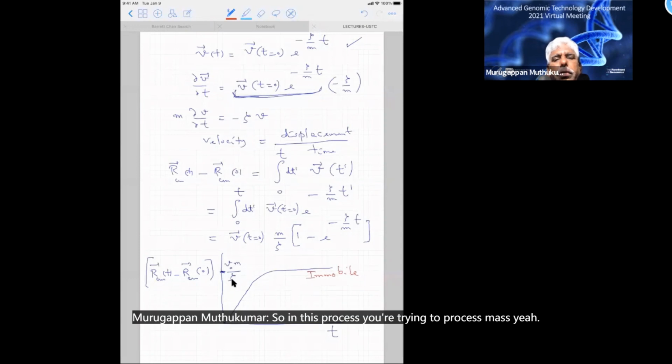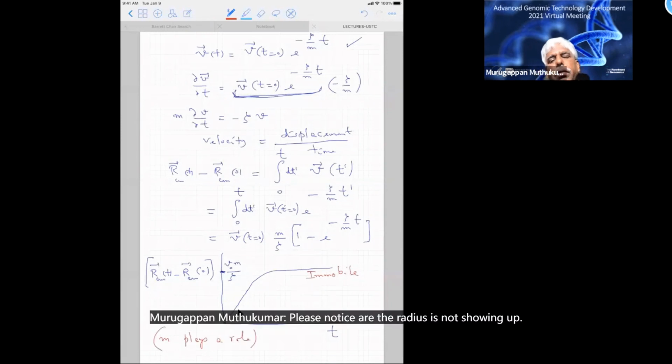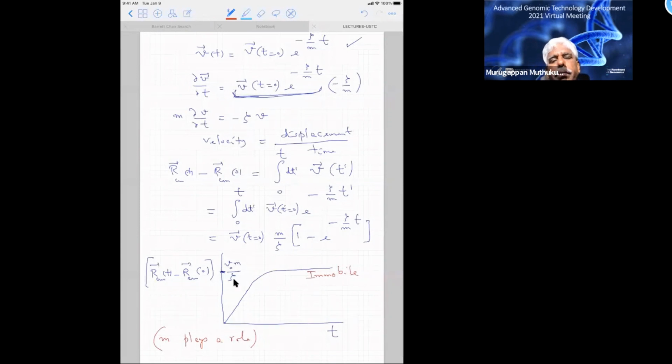So in this Newtonian process, the mass m plays a role. And please notice, the radius r is not showing up.